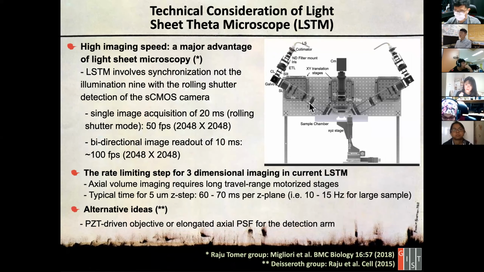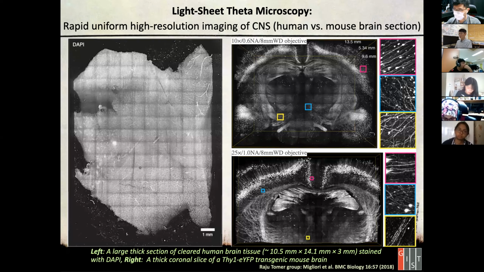Okay, and this is one of the microscopes we are developing in our lab, the so-called light sheet Theta Microscope. What we can do with this: on the left side, it's a human brain. And those who know about DAPI, it stands for nucleus, okay? So these are the nuclei of a human brain.